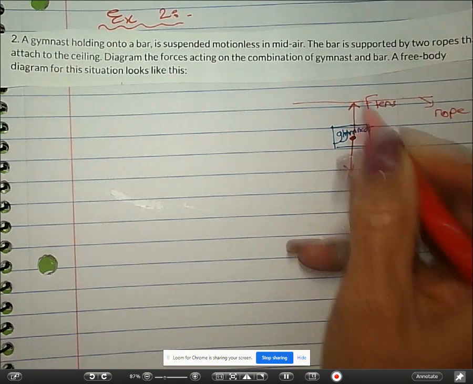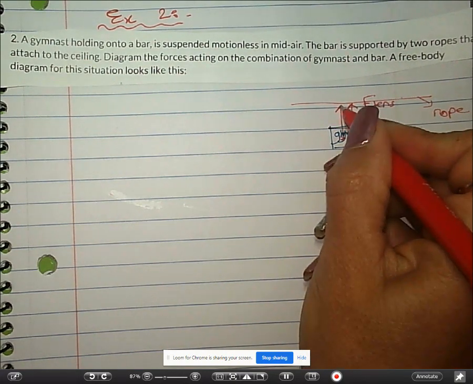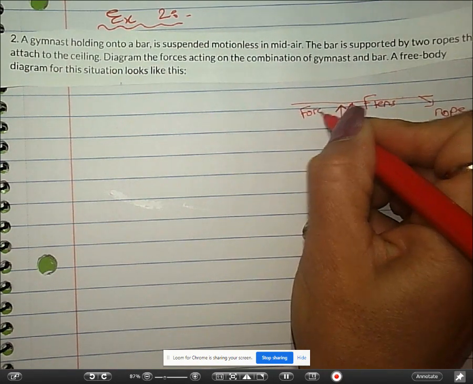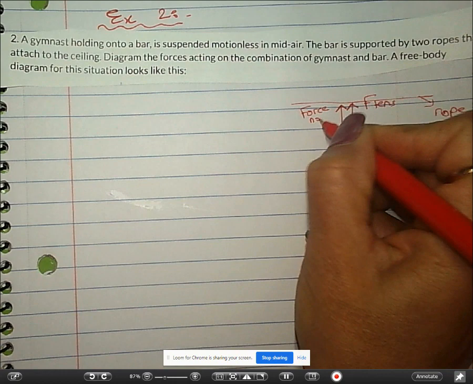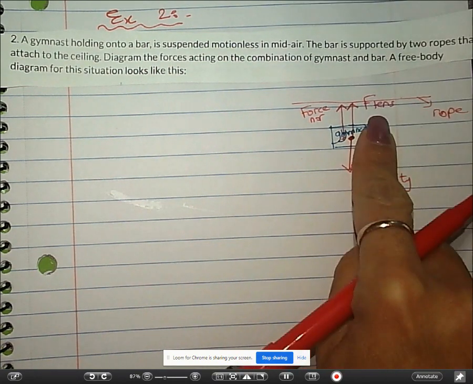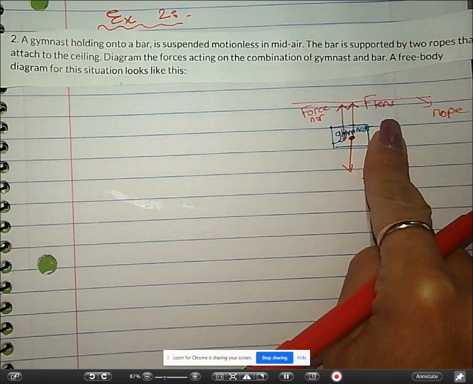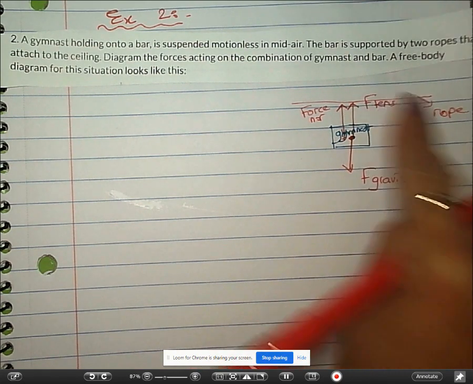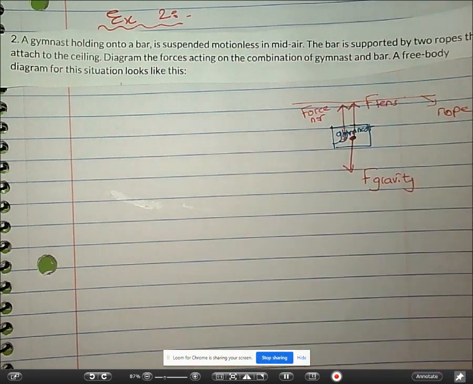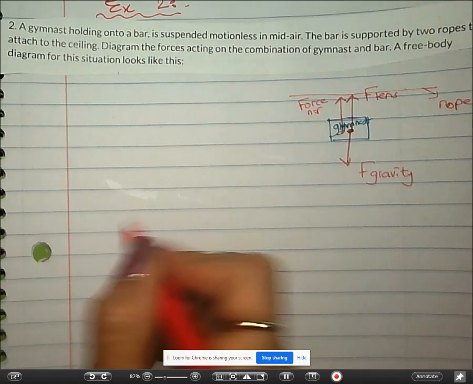And then here comes another force acting as the normal force. So there is the tension force and there is the normal force that is going to cancel out with the gravity, and the force that is going to be left is the tension force between the gymnast and the rope. All right, let's do example 3.